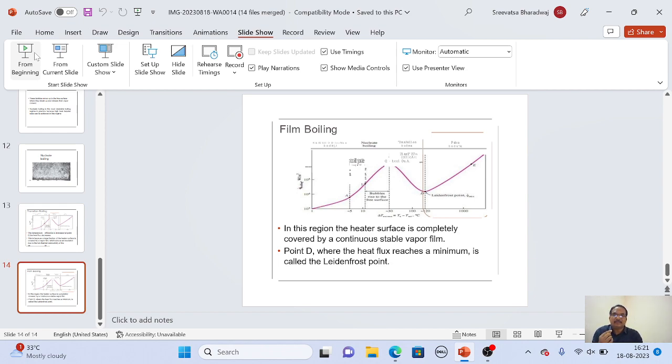Of these two, we prefer only the film-wise condensation process, because the maintenance of film-wise condensation is very low compared to drop-wise condensation. In most cases, drop-wise condensation has maintenance and many technical problems. That is why we prefer film-wise condensation only.